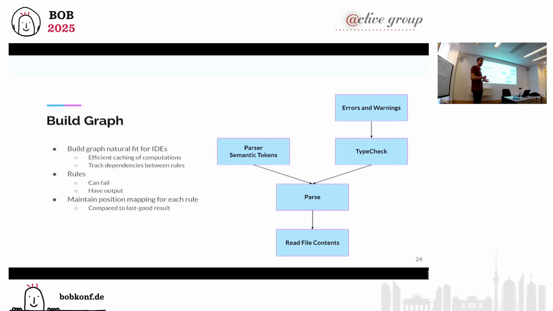And then whenever we ask for the results of this rule, it just gives us that result instead of reparsing the same thing over and over again. And similarly, the parse rule, that's very, very helpful. It doesn't reparse whenever we ask for the result.